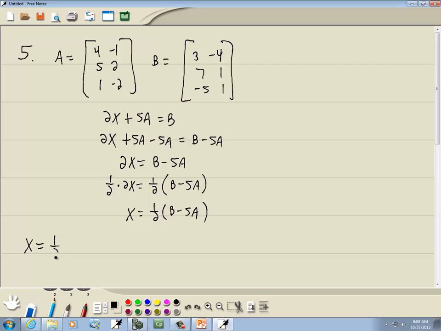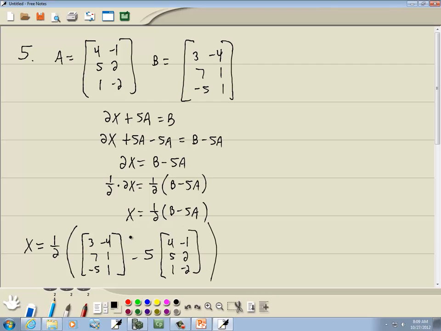So we're going to have 1/2 times B, that matrix, 3, negative 4, 7, 1, negative 5, 1, minus 5 times A, which is 4, negative 1, 5, 2, 1, negative 2. And yeah, looks like I wrote everything down correctly.